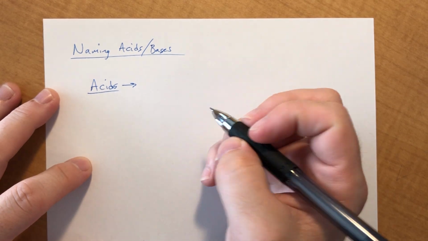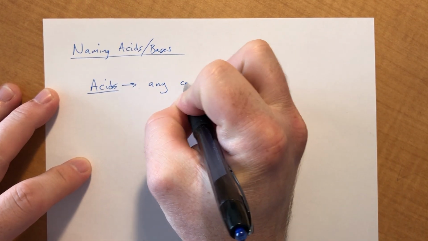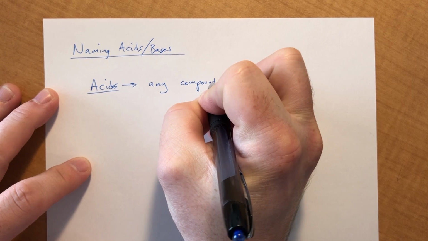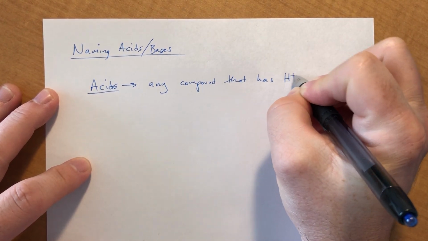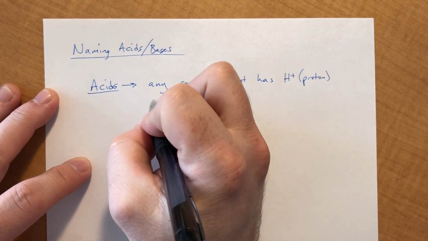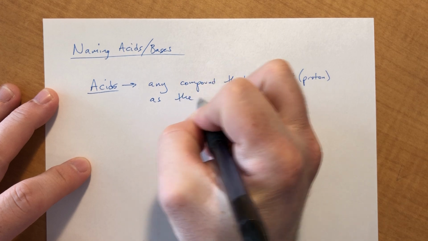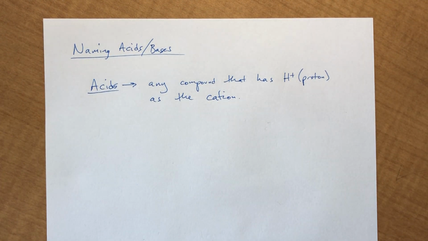Okay. Acids are defined as any compound that has H plus, which is just a proton actually, as the cation. Okay, so we talked about cations and anions, so this is technically almost an ionic compound.